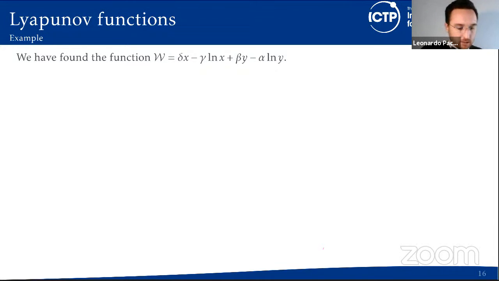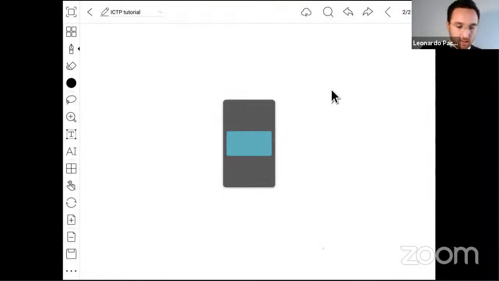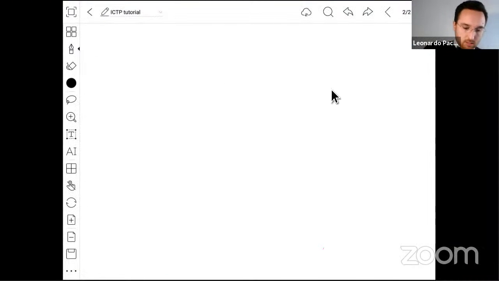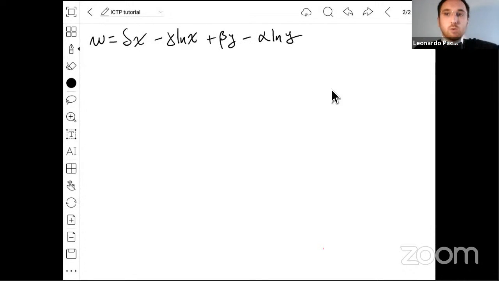Let me write this down again, sorry. Okay. So we have that W is delta x minus gamma logarithm of x plus beta y minus alpha logarithm of y. In order to see if we can use this function as a Liapunov function, we first have to see if the two equilibria that we know the Lotka-Volterra system has, which are these ones that I'm writing here, are actually minima of this function.